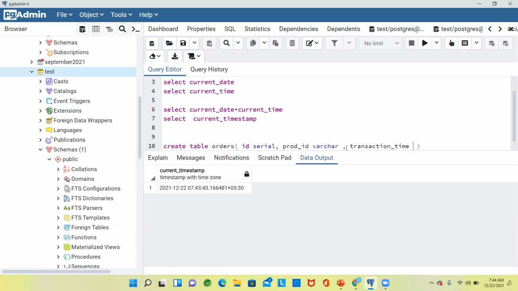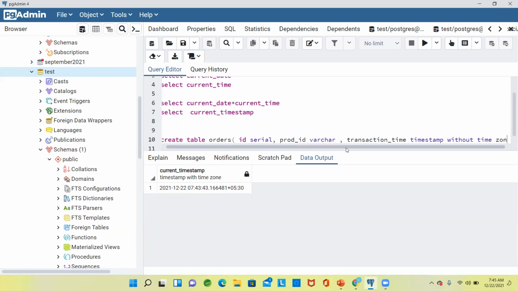Okay, I'll say timestamp without time zone. This is also possible. Means I don't want a time zone, but I want a timestamp.